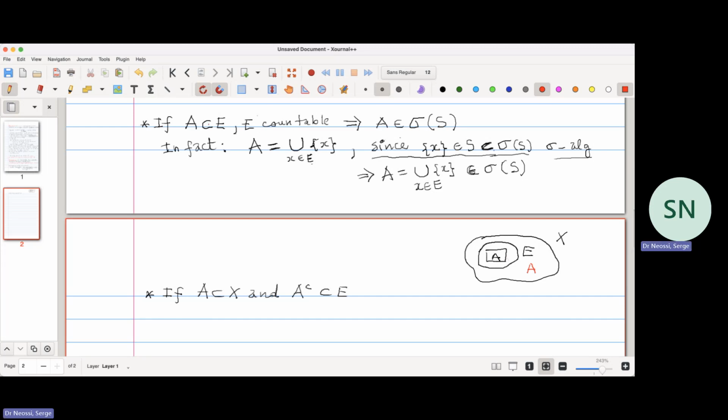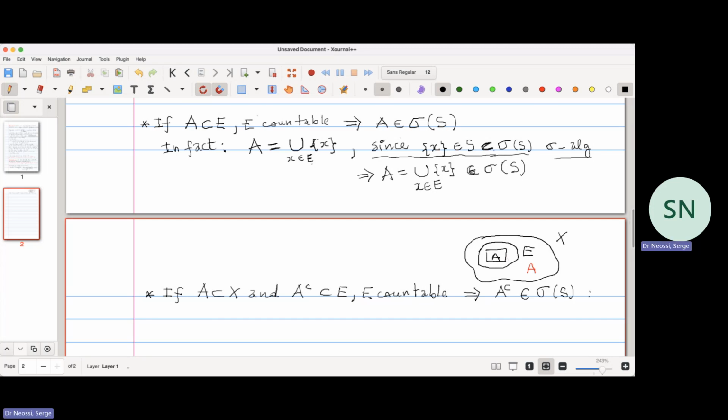So this implies, similar to what we did in the first case, that A complement is also in the sigma algebra, right?